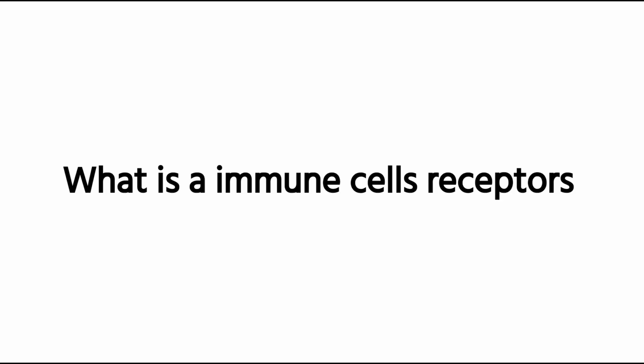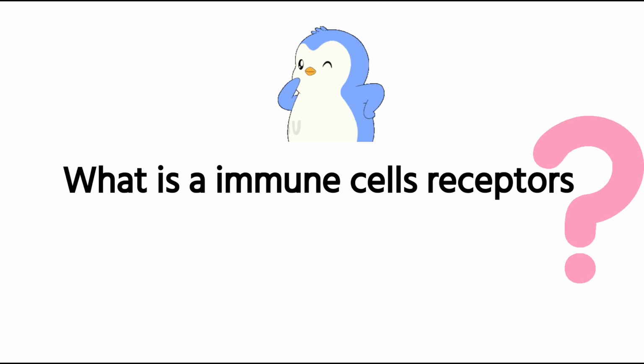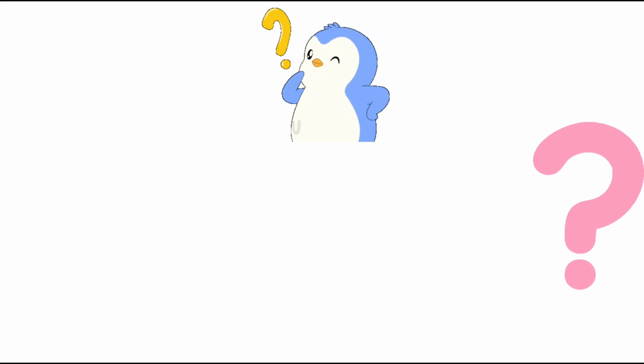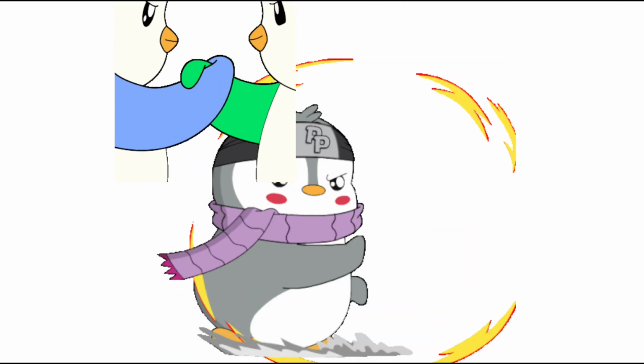So what is an immune cell receptor? An immune cell receptor is a protein on the surface or inside an immune cell that allows it to recognize a foreign substance or receive activation signals and trigger an appropriate immune response against this foreign substance.